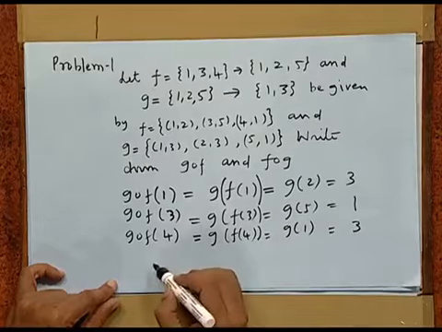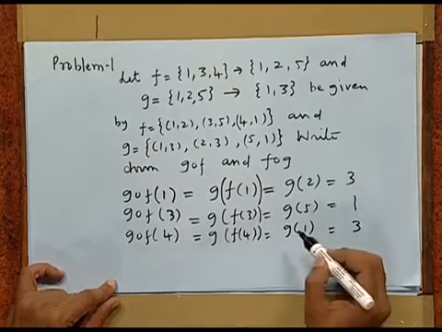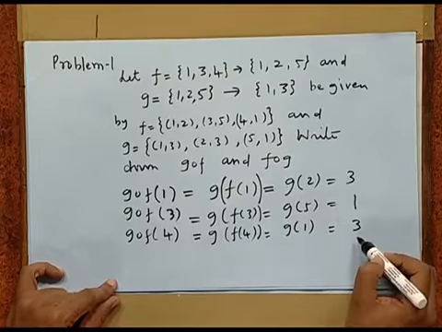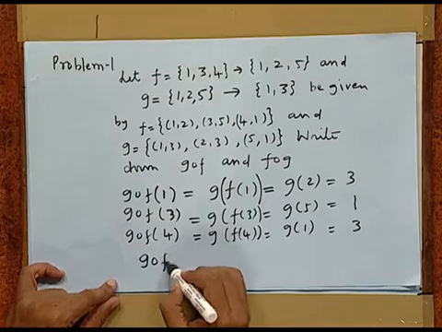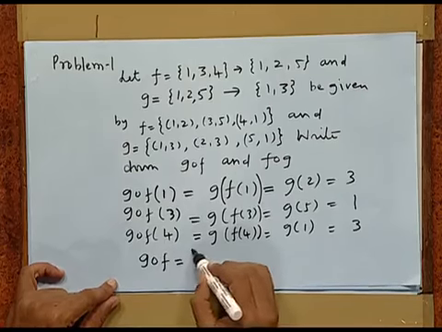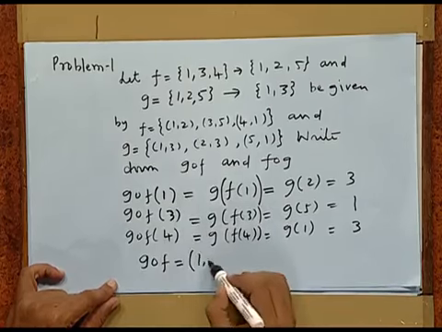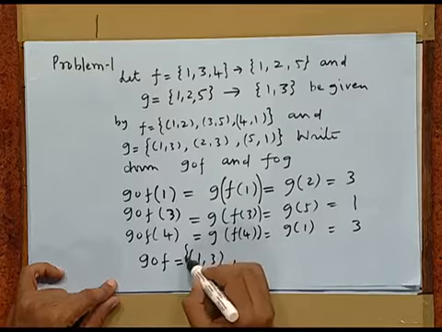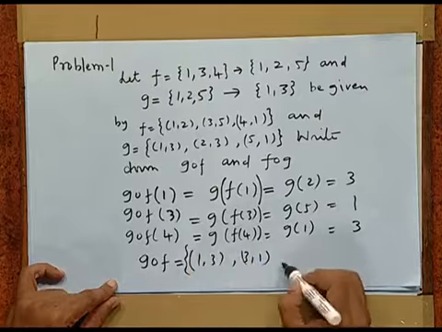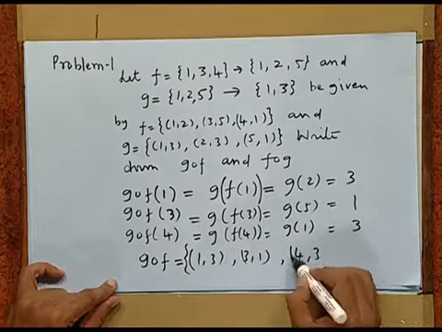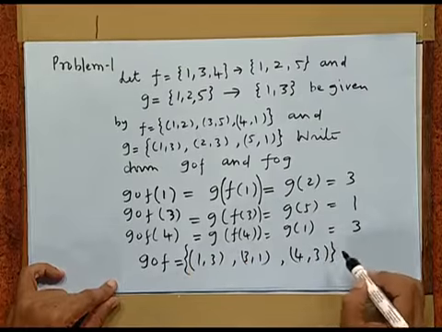So ultimately our image set is found. Thus GOF is merely 1 going to 3, 3 going to 1, and 4 going to 3. So this gives us GOF.